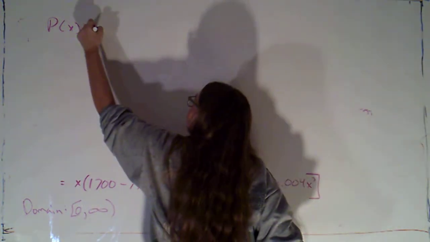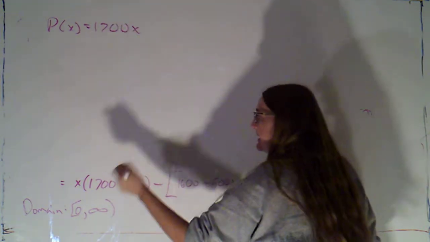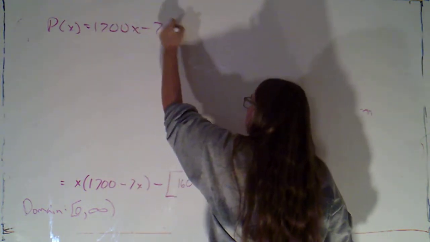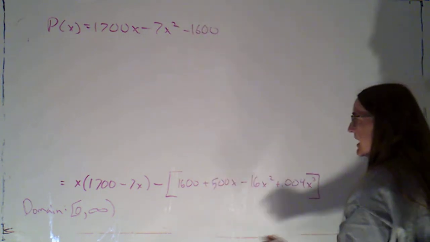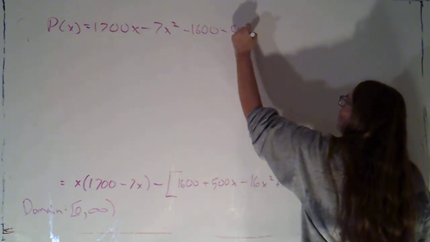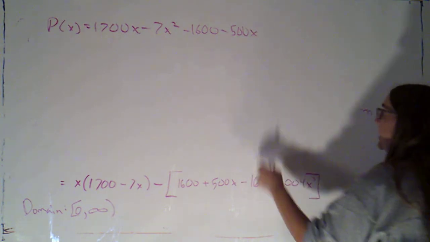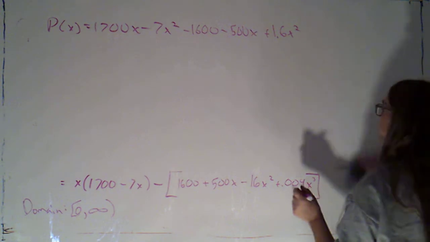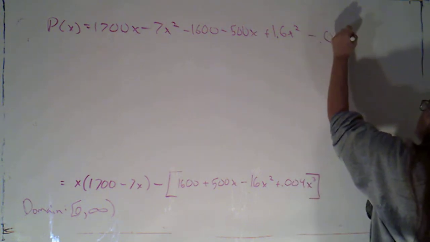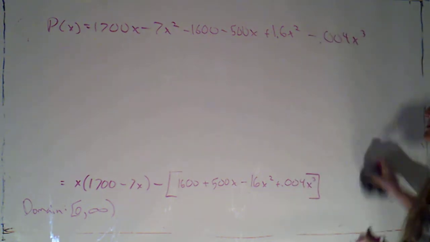So I'm going to get 1700x minus 7x squared minus 1600 minus 500x plus 1.6x squared minus 0.004x cubed.